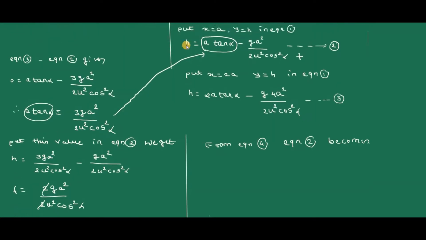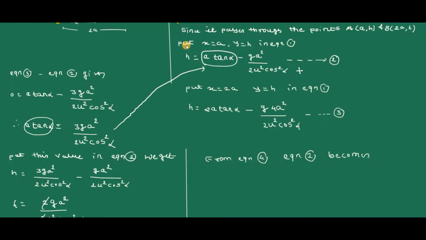This is equation number 2, and here you can substitute the value of this ga square divided by u square cos square alpha from equation number 4, and this value is equal to h.